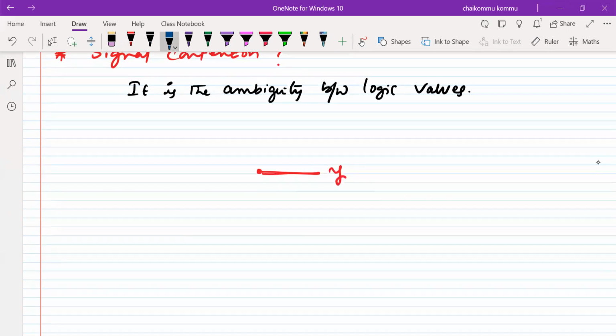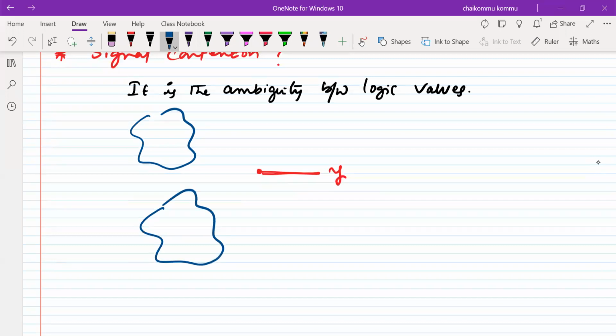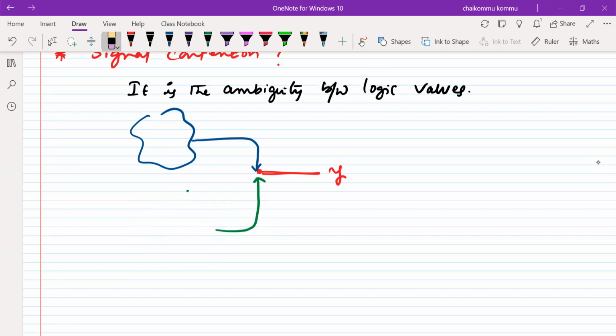For example, we have a logical circuit one here and logical circuit two here. It may be an AND gate, an OR gate, or some complex circuit. The output of this one is connected to this particular net, and the output of this one is also connected to this net. Is it clear? Then which value should it consider?